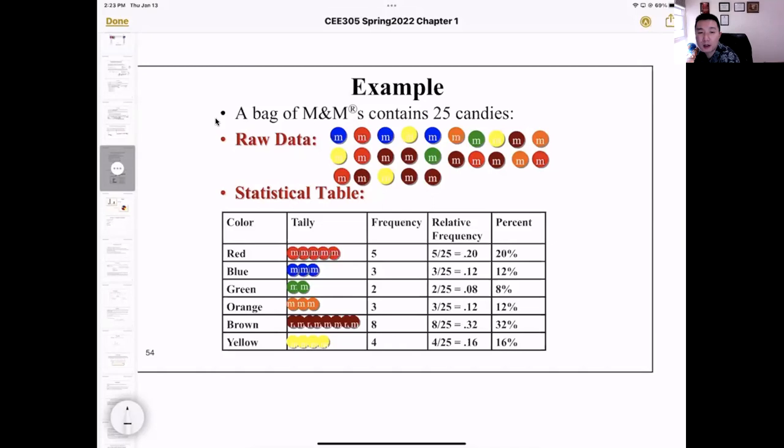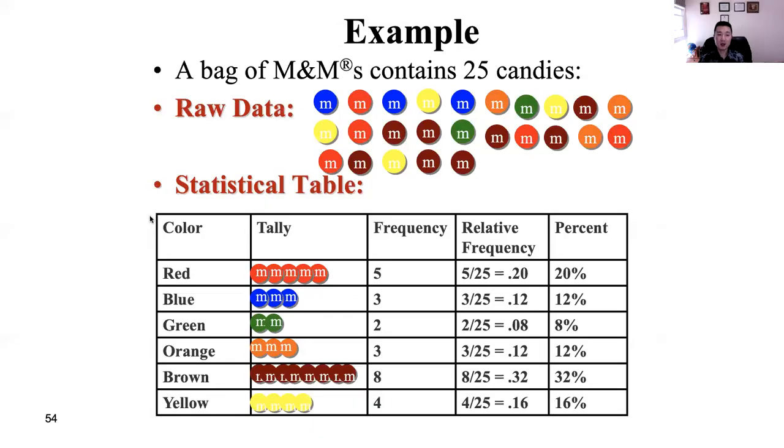Go back to my computer. So we have a bag of M&M candies, 25 candies in total, with 6 different colors. First we see how many different colors and list them in the first row, and we count for each color how many candies there are.